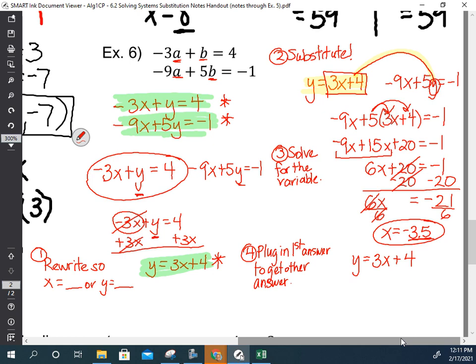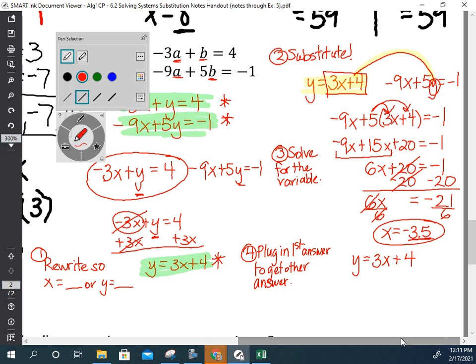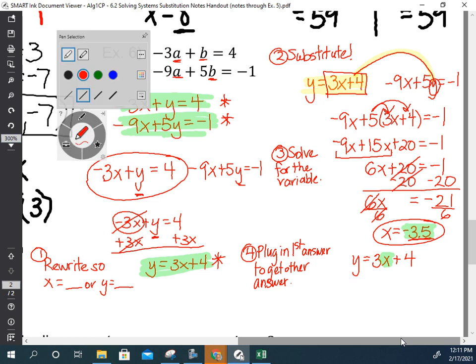So Noah said it's negative 6.5, so let's see if he's right. Take negative 3.5 and plug it in for x. So y equals 3 times negative 3.5 plus 4.